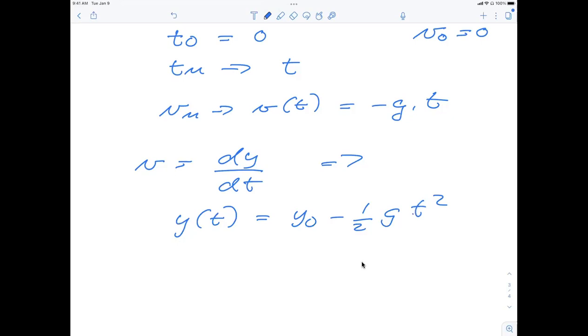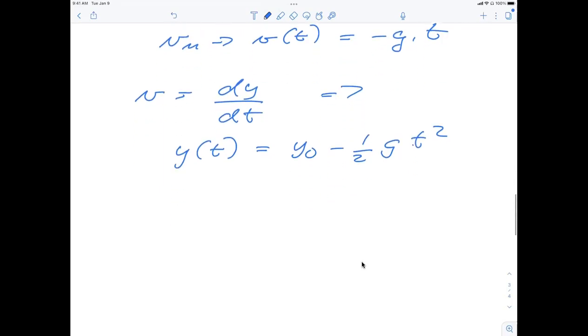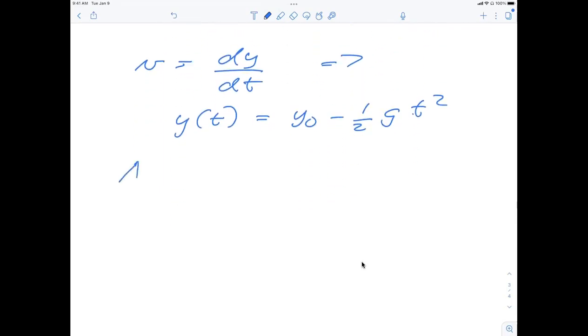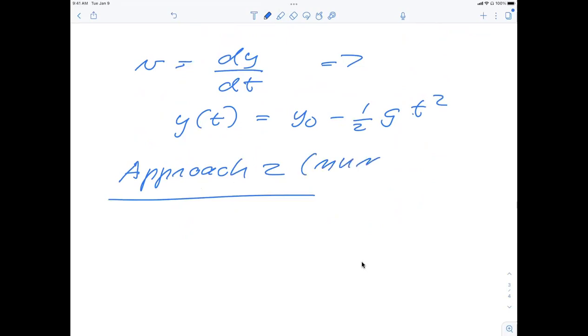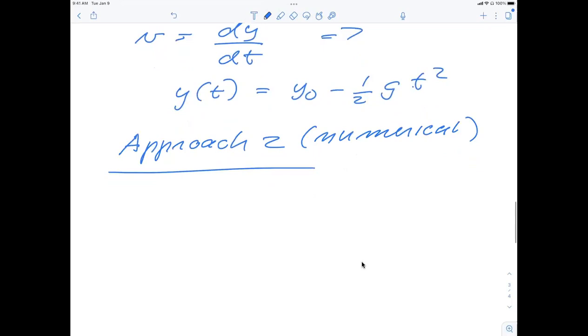So last week, we announced this as approach number 2. So let's call that approach 2. It essentially means a numerical calculation. Now, if we go back to the basic equations, we have separated out velocity and time and acceleration, which is equal to the derivative of the velocity. So these are 2 first-order differential equations.